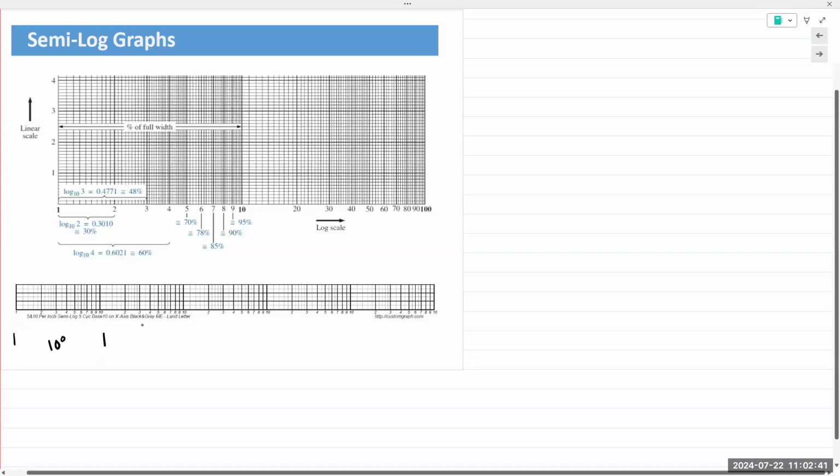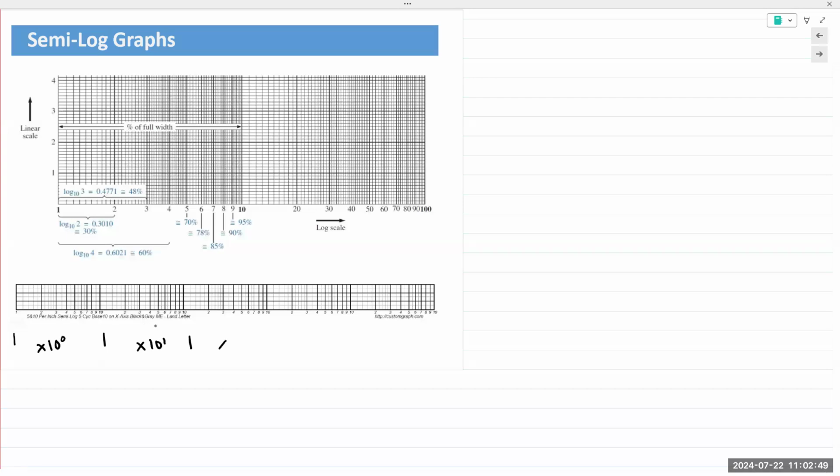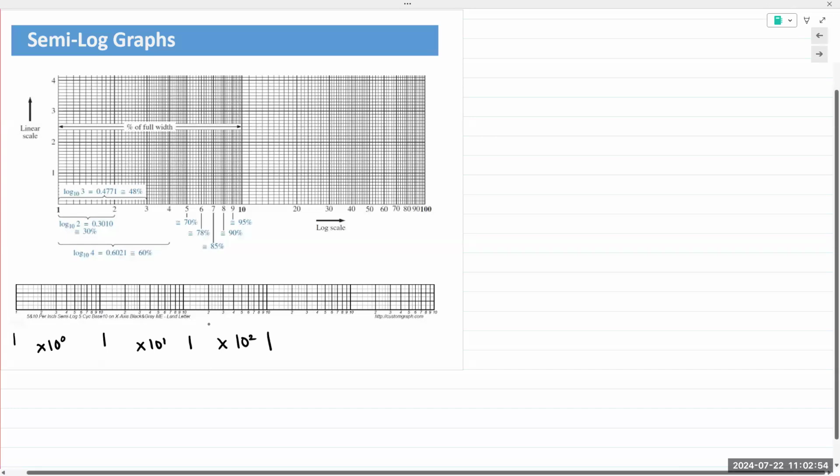So let's say the first multiplier is 10 raised to 0. The second multiplier is 10 raised to 1. The third one is 10 raised to 2, 10 raised to 3, and 10 raised to 4. So if you start from the first, this is 1 hertz.